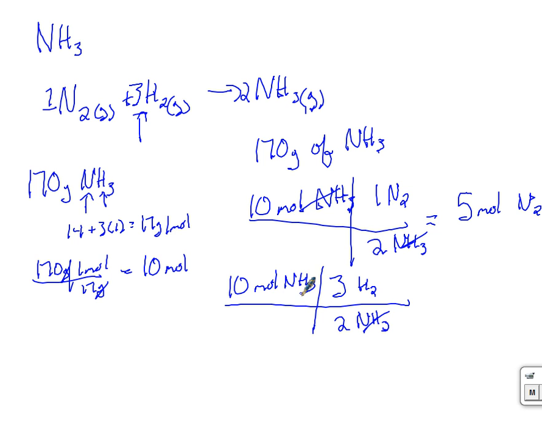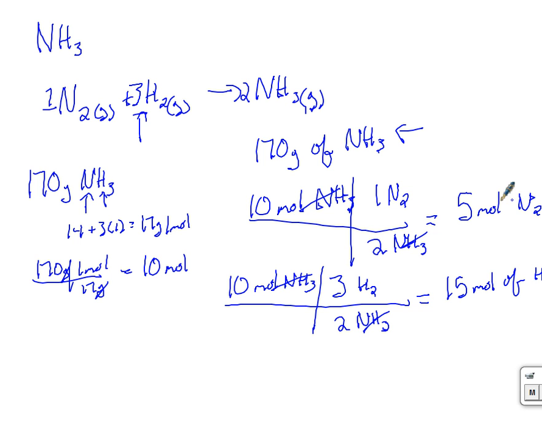My ammonia will cancel. I'll have 10 times 3/2, which would be 15 moles of hydrogen. So to produce 170 grams of ammonia gas that can be used in fertilizer or anything else, I need to start with 5 moles of nitrogen and 15 moles of hydrogen.